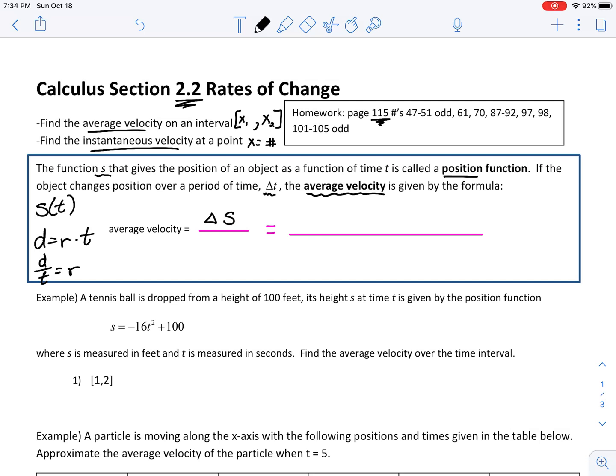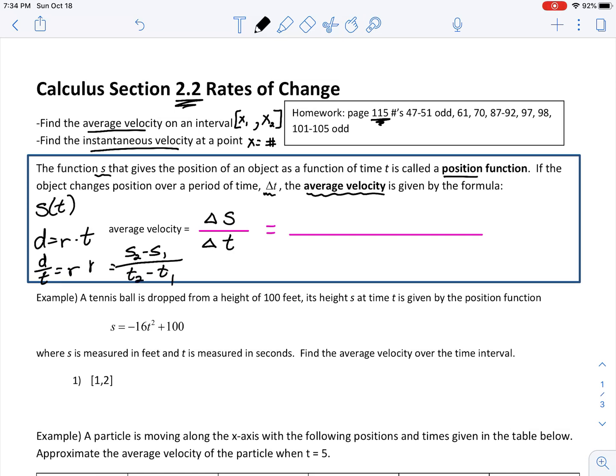Where did you start? Where did you end? Literally just subtract them. Second thing, t on the bottom is how much time has elapsed. So you take the end time, subtract the beginning time of whatever the interval is. So change in time is delta t.